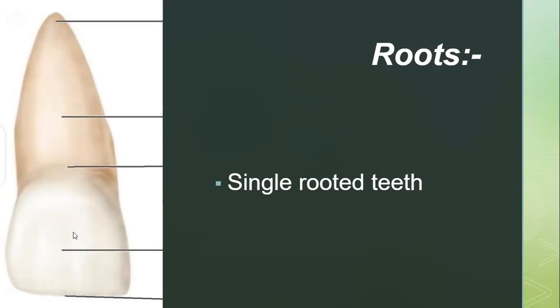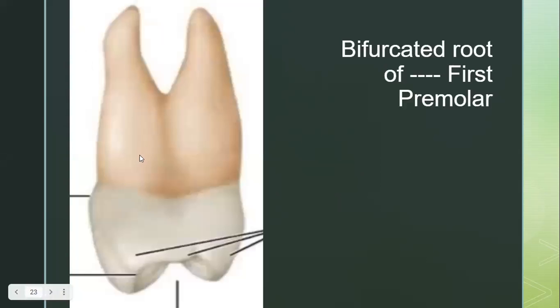But if we talk about the premolars, the first maxillary premolar will have a bifurcated root, as shown in this picture of the first maxillary premolar. The second maxillary premolar will have a single root.